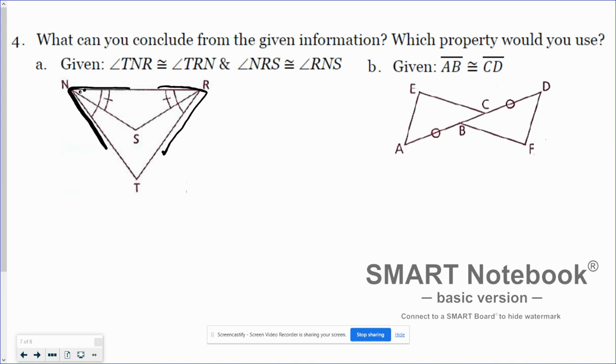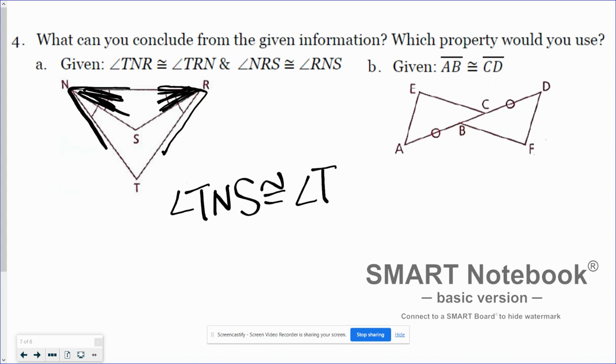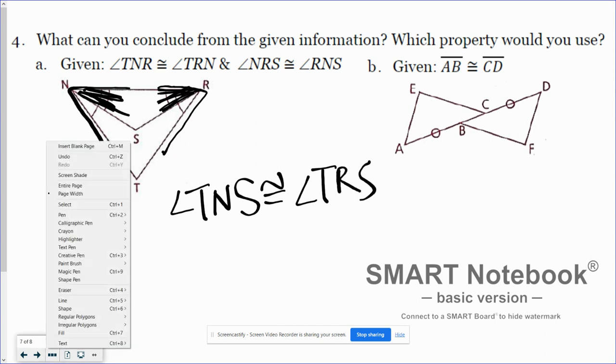We also know that angle NRS is congruent to RNS. So what can we prove to be congruent? You're right. Angle TNS can be proven to be congruent to angle TRS by that angle subtraction property.